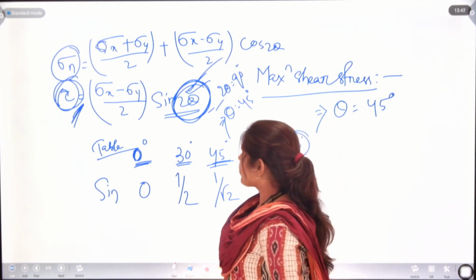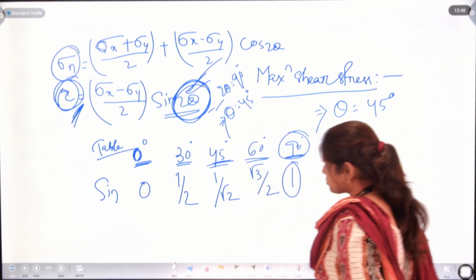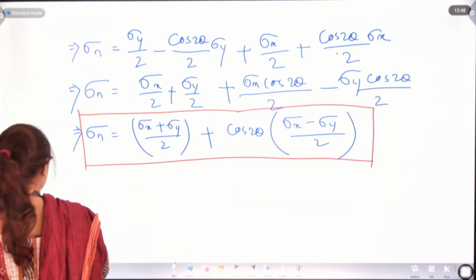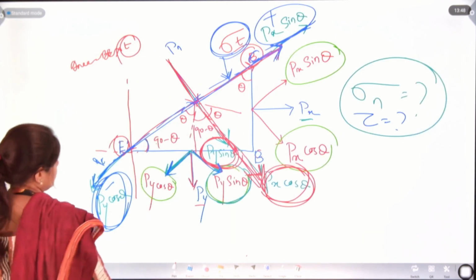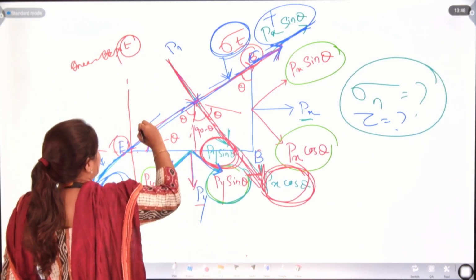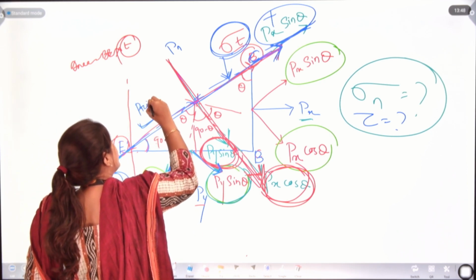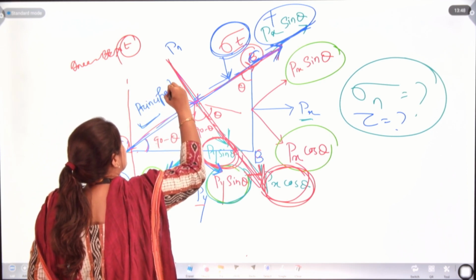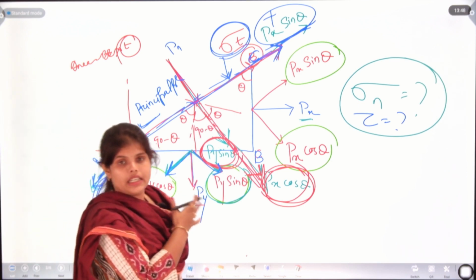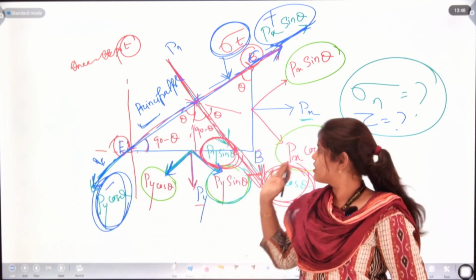Also, we know this plane will become a principal plane when the shear stress acting here becomes 0.